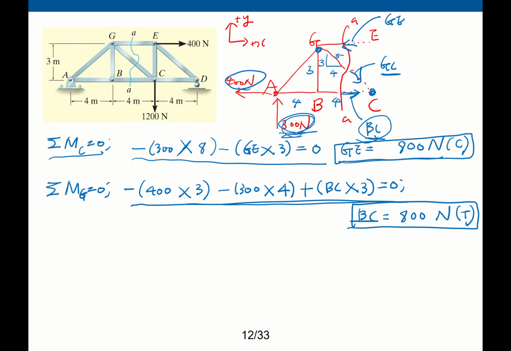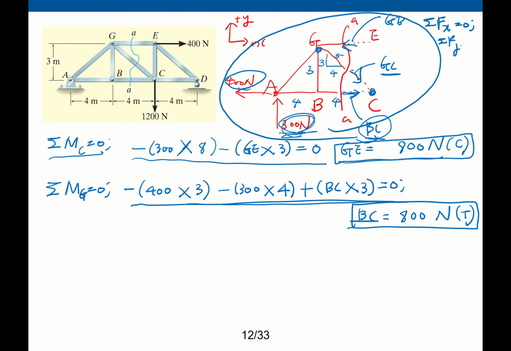There are many ways, but I'm going to choose the entire truss, which is in equilibrium. That means sigma Fx should be equal to 0, sigma Fy should be equal to 0, and sigma moment about any point should be equal to 0.